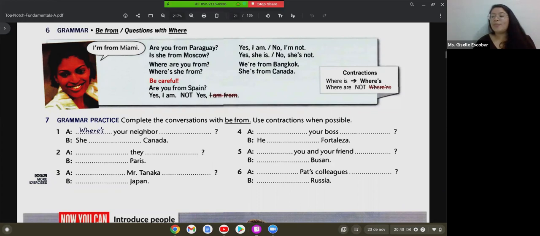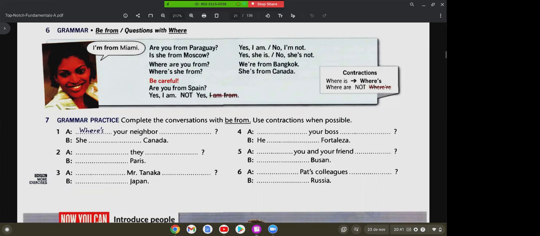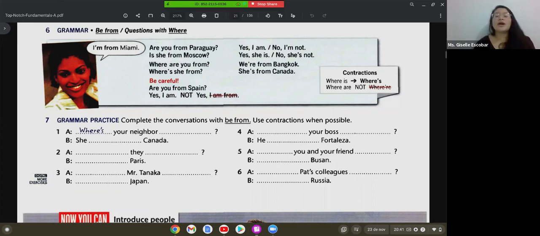Are Brian and Cristobal from Peru? No, they're not. No, they're not. Or no, they are from El Salvador. Okay? No, they are not. Perfect.